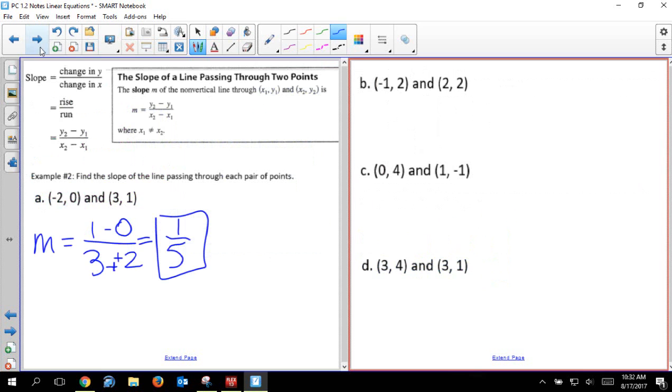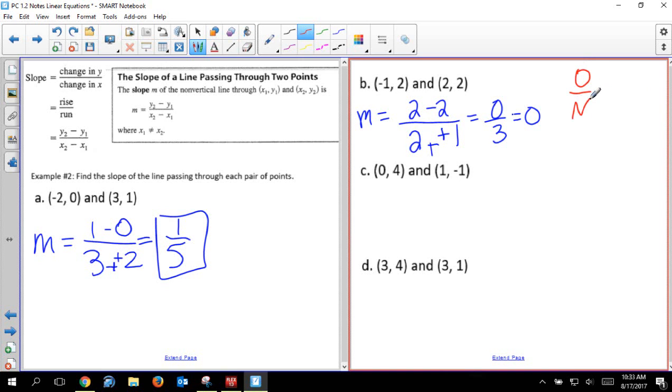Question B, same stuff. We're going to do y2 minus y1 over x2 minus x1. So I have 0 over 3. What's 0 over 3? 0. It is 0. I have people think maybe it's undefined, so I have a way to remember it. If you put 0 over a number, that's fine, that is 0.